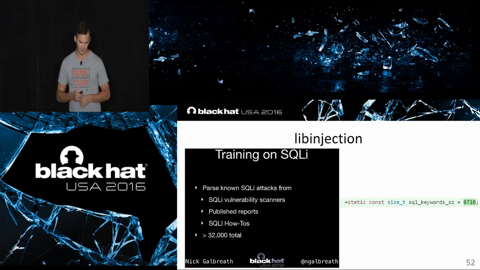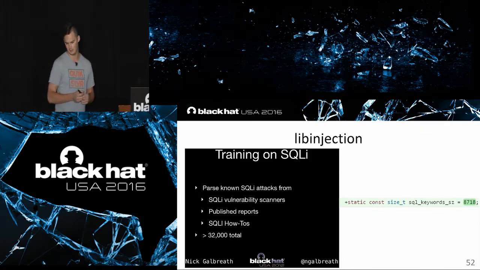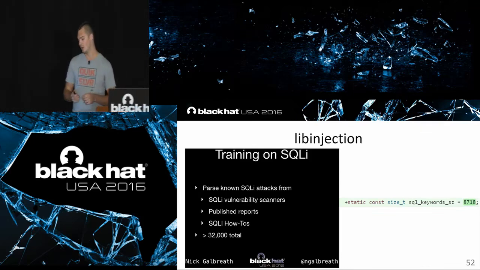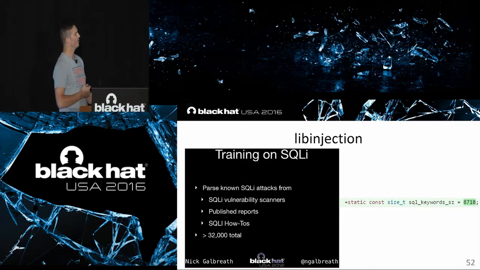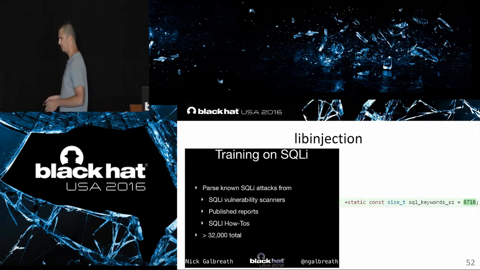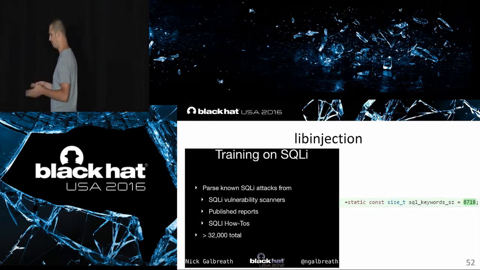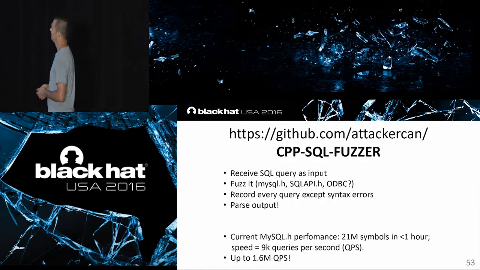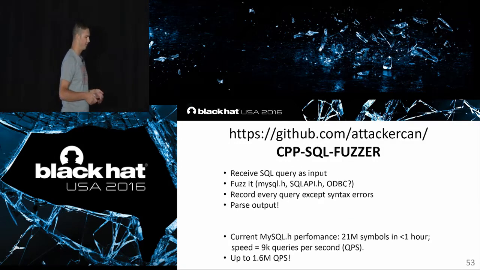When I accessed the GitHub of libinjection about a week ago, there were almost 9,000 blacklisted tokens which are deemed as SQL injection if you input the string into libinjection. How are you going to discover all of those unusual syntaxes which will work on the SQL backend and which will not be detected by the library?